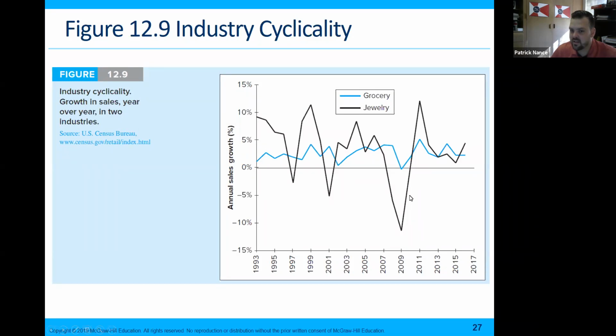We certainly have seen the 2008, 9, 10 or so recession, which you can see in the jewelry graph too. You see dips in grocery as well, but not as large of a dip, and you never see it go below 0. Jewelry has a much closer relationship with the economy, and it tends to move in larger swings, whereas groceries moves in smaller, more incremental movements, and never goes below 0.